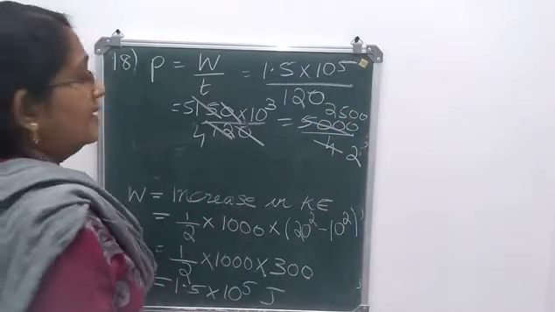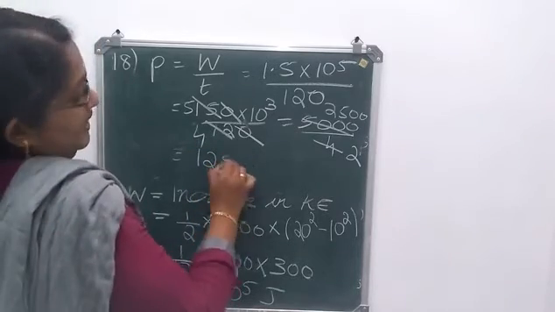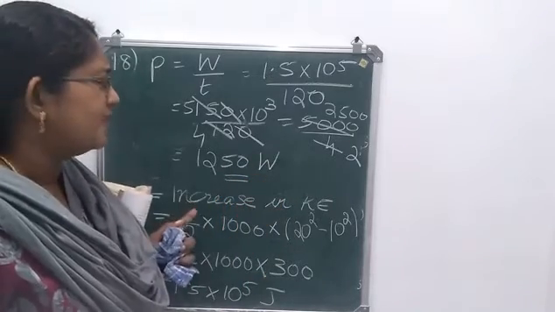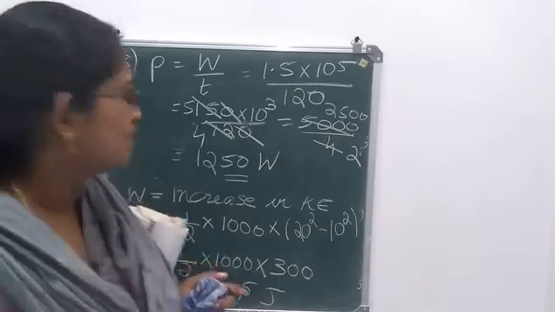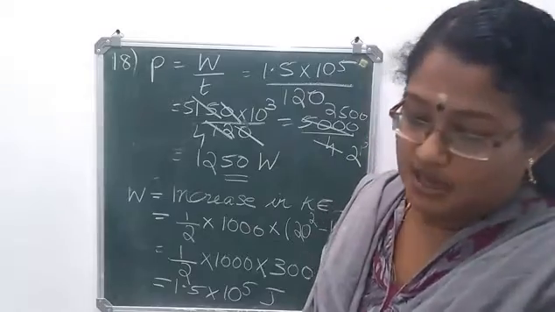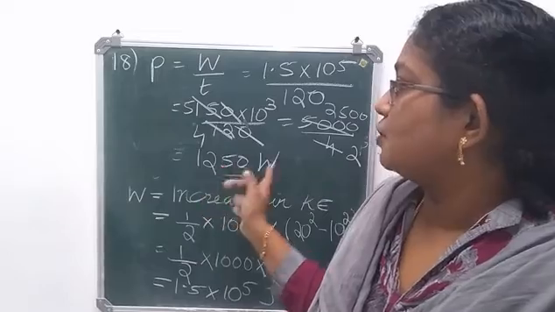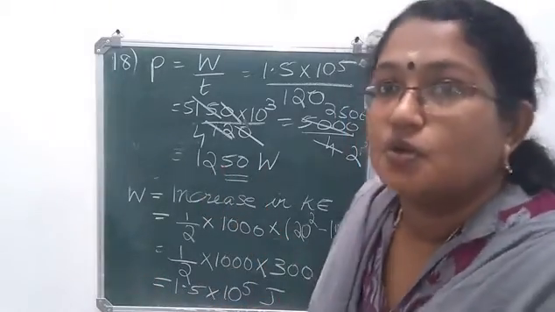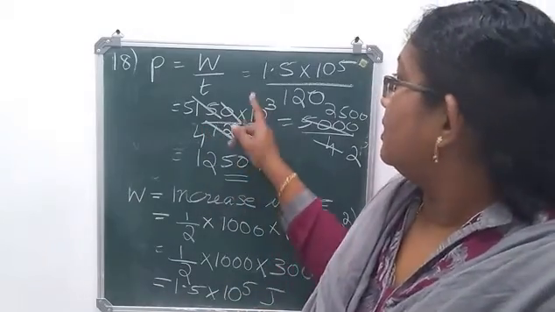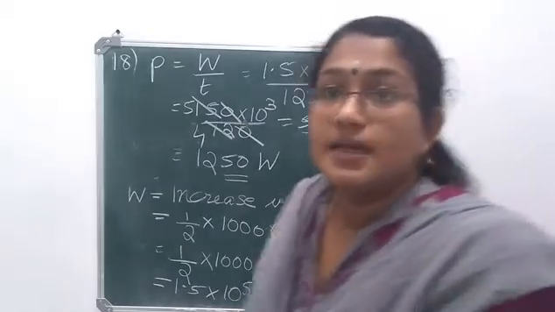Then 2500 divided by 2 is 1250. So 1250 watt. In your textbook it is written as 1.25 into 10 raised to 3, which means the same thing. So 1.25 into 10 raised to 3 is equal to 1250 watt. So we have used the work energy theorem, and here you should not forget to convert minute to second.